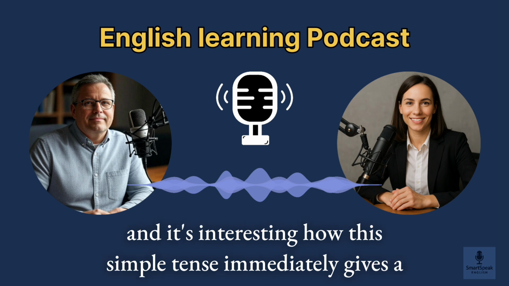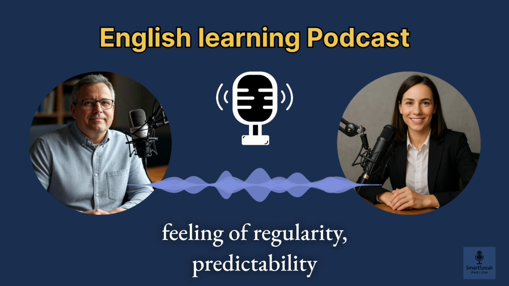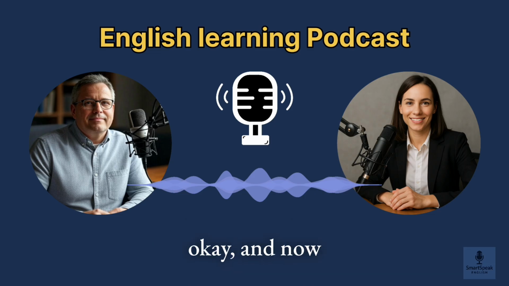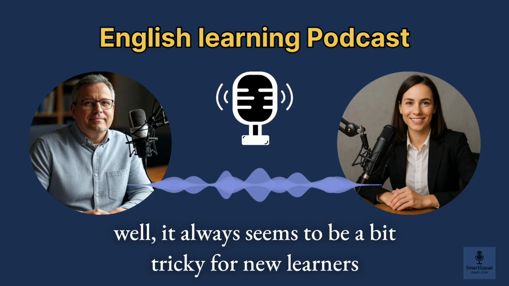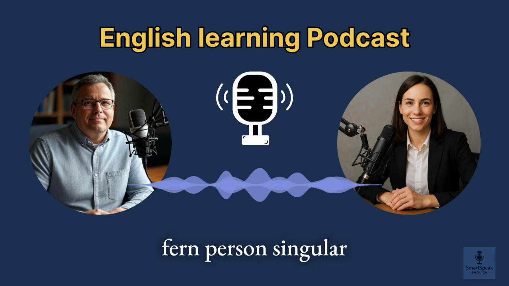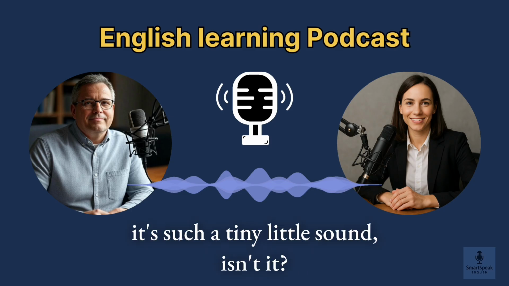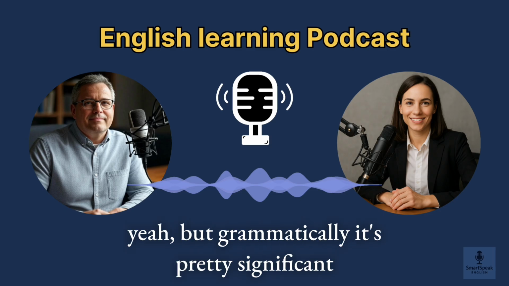And it's interesting how this simple tense immediately gives a feeling of regularity, predictability. Yeah, okay. And now, here's something that always seems to be a bit tricky for new learners. Remembering that third person singular S. Yes. Adding it for he, she, it. That's such a tiny little sound, isn't it? Yeah. But grammatically, it's pretty significant.